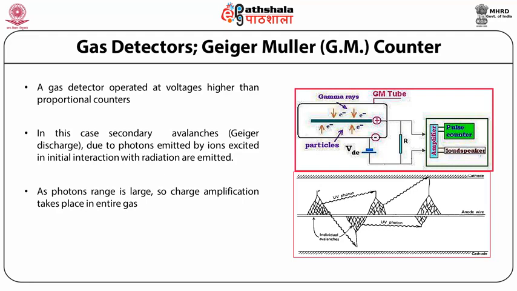On the right hand side, the picture of a GM tube is given, showing how the GM tube works, and at the bottom the production of avalanche is shown. The avalanche which is created in the entire tube is created close to the anode wire, where the electric field is highest.